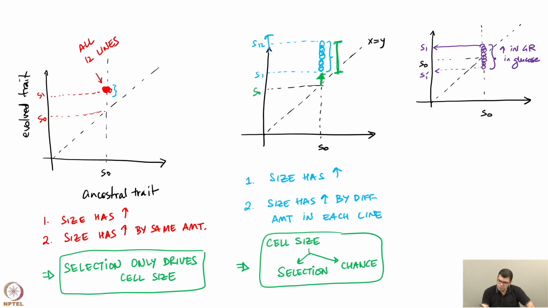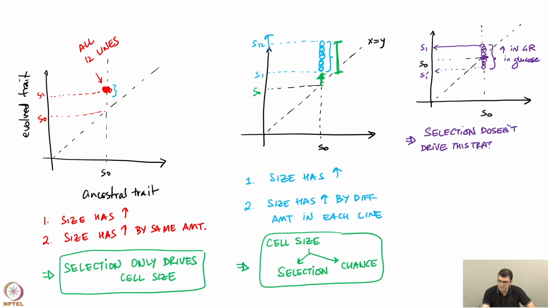As a result of this, we can say that the mean change is actually 0. The average of these 12 lines, some have increased, some have decreased, and the average change is 0. So, selection does not drive this trait at all.